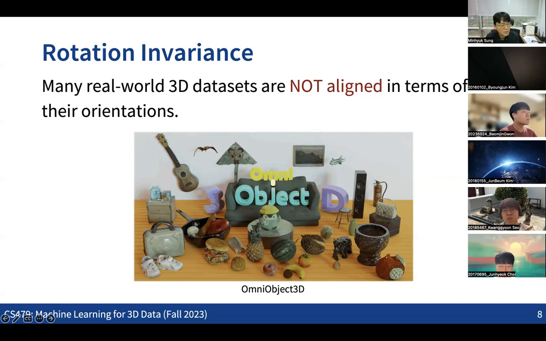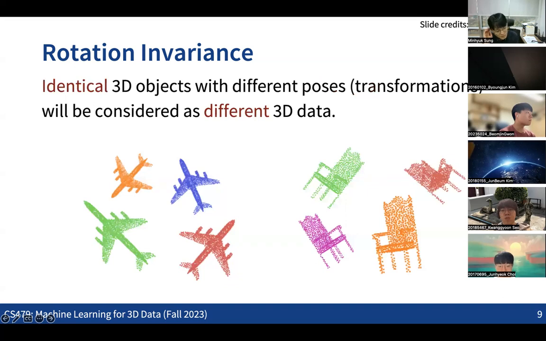But for many real world cases, if you deal with scan data or random 3D models in online repositories, you will see lots of cases where the objects or 3D information that you have are not aligned in terms of their orientations. So handling this kind of random orientation is a big problem in many real world cases.